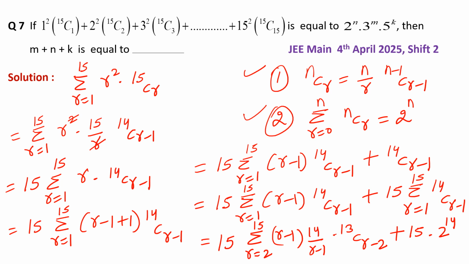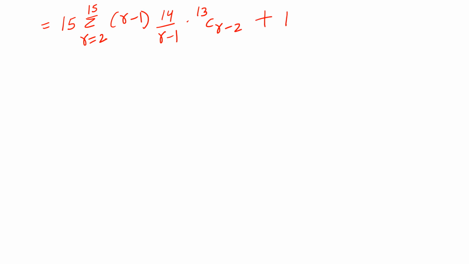Now students, we move further. Now students, we have 15 into summation r varying from 2 to 15 of (r minus 1) into 14 upon (r minus 1) into 13C(r minus 2), and plus 15 into 2 to the power 14.